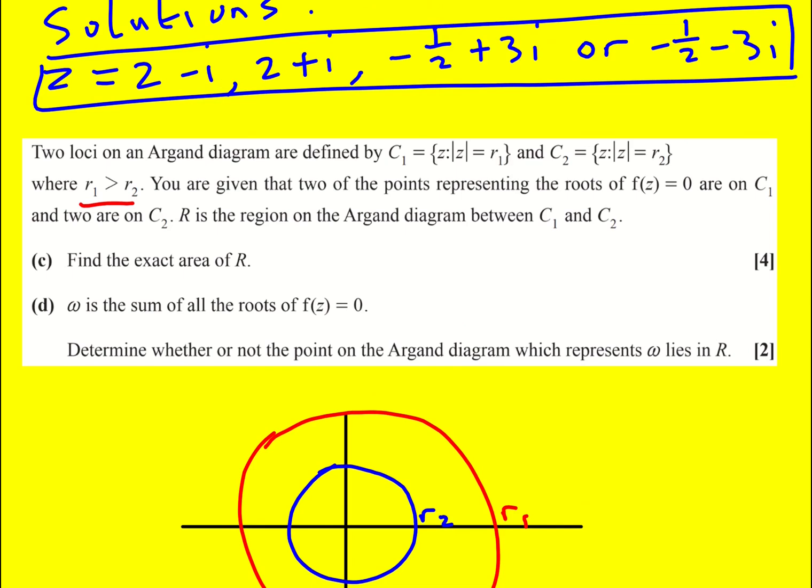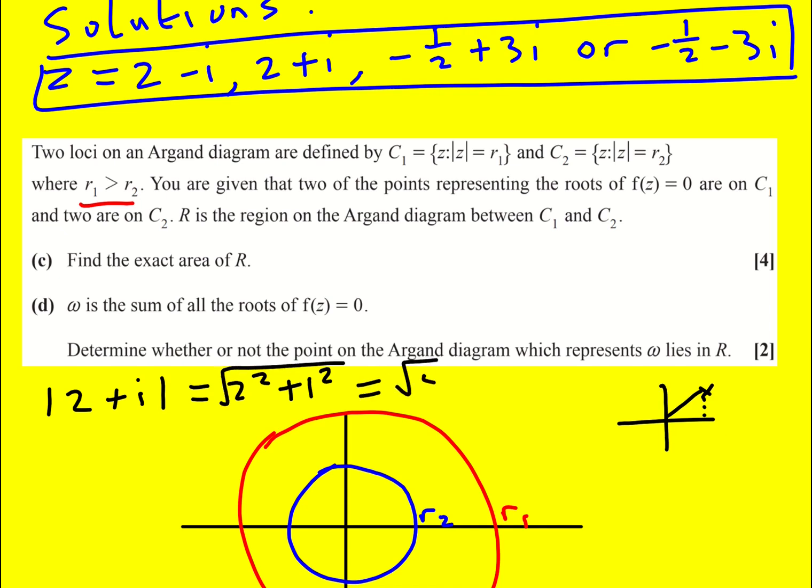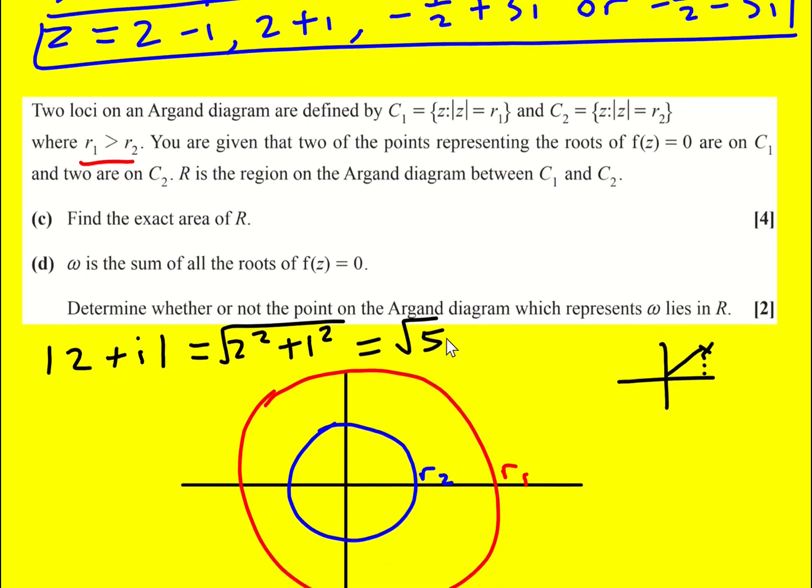If we find the modulus of 2 plus i, we're going to use Pythagoras' theorem, because the modulus is like the distance. It's the distance from the origin to the point. So I can use Pythagoras to do 2 squared plus 1 squared, because I'm just talking about the lengths on an Argand diagram, and we're going to get root 5. And that's going to lie on one of the circles. Then we've got the other one.